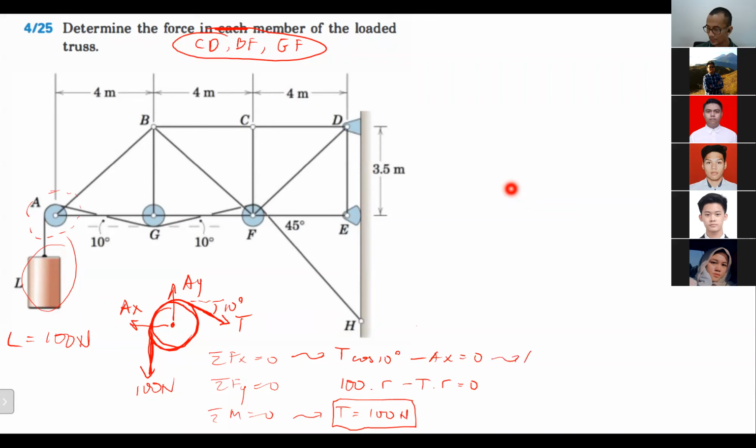So Ax is equal to T cos 10 degrees, where T is equal to 100 Newton. So 100 Newton cos 10 degrees. That's my Ax.